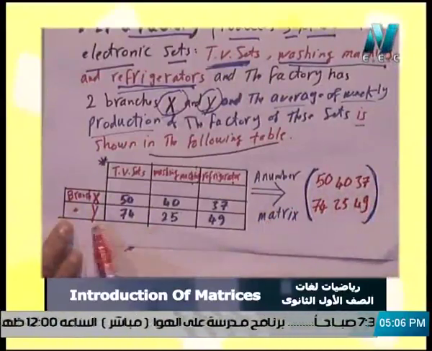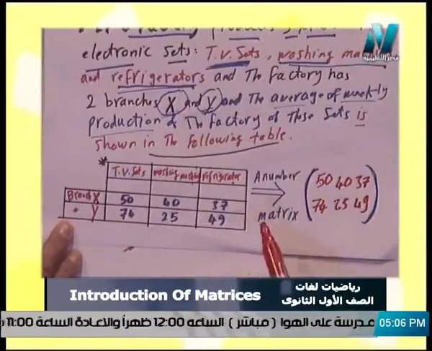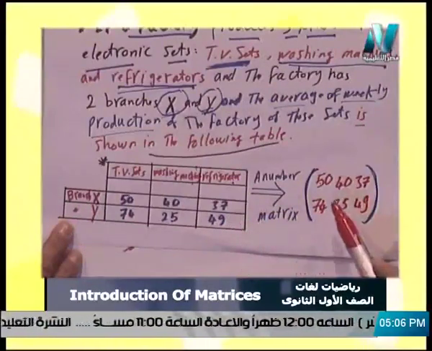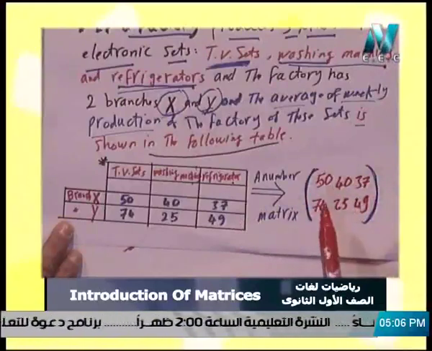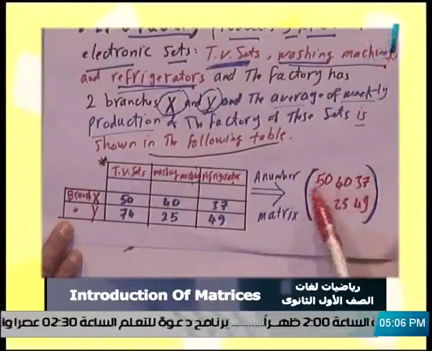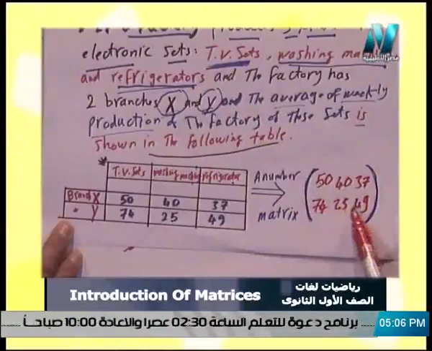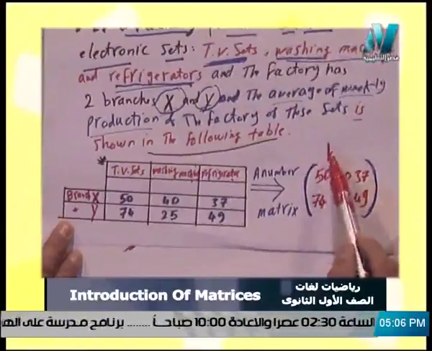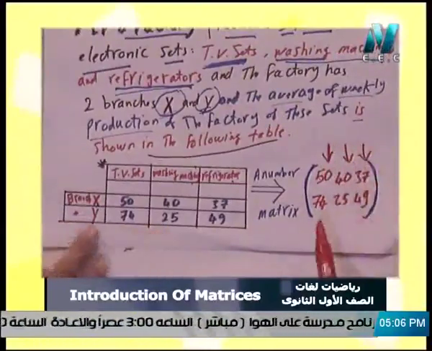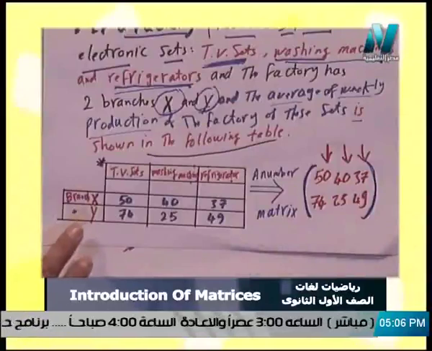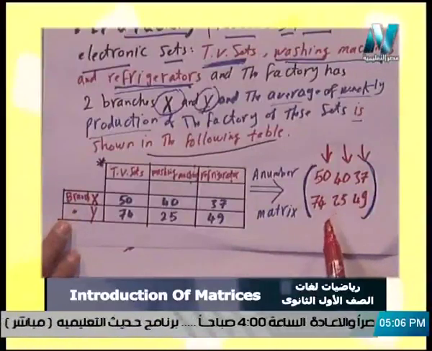So all this data can be written in the following easy way as a matrix. In this matrix, we have elements here in a row, and in the second row we also have 3 columns here. So these numbers are written this way, and this is the matrix.